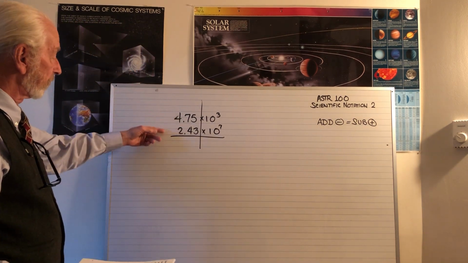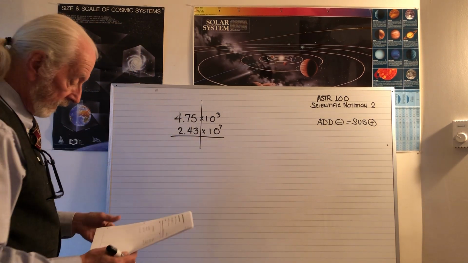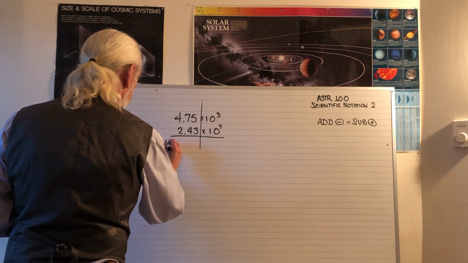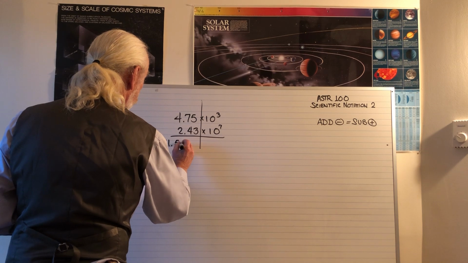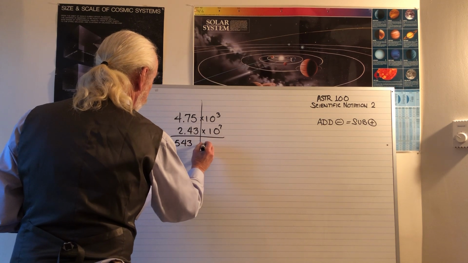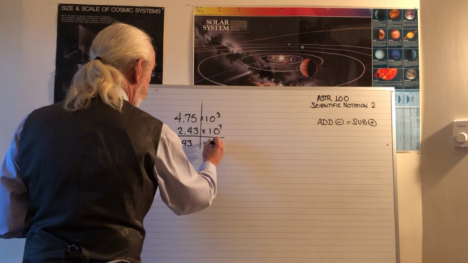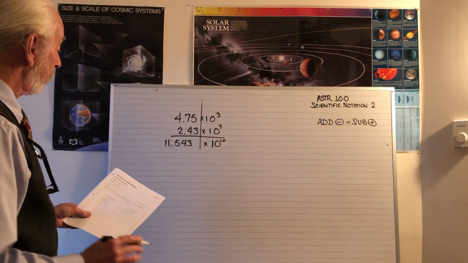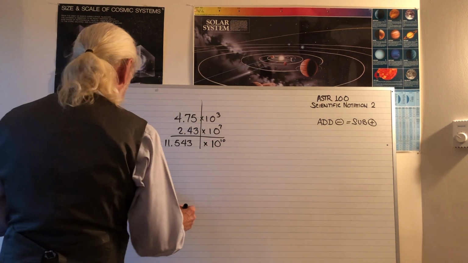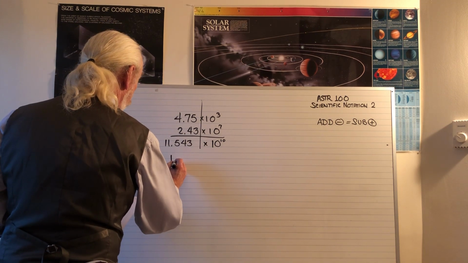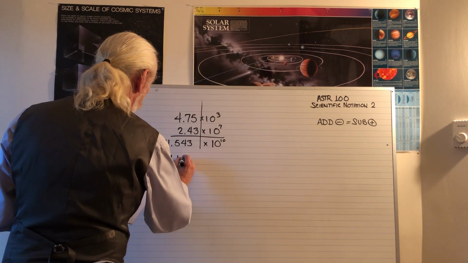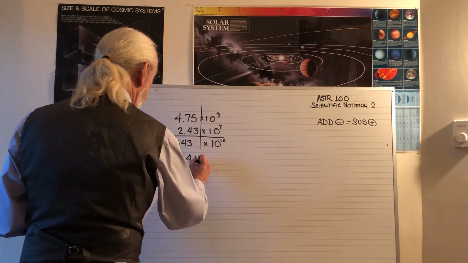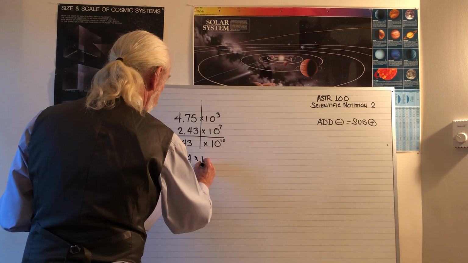Now this part we'll use the calculator for, and you should get 11.543 times 10 to the 10th. And if we put it in proper form, we'll make that 1.154. Now I went to the left, times 10 to the 11th.